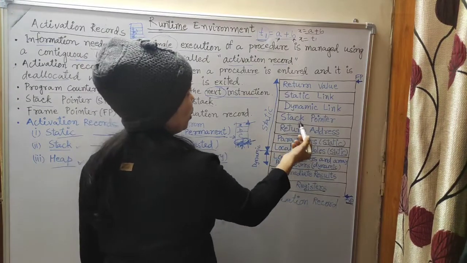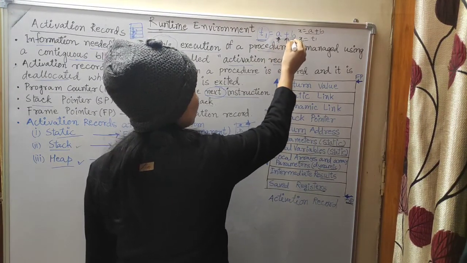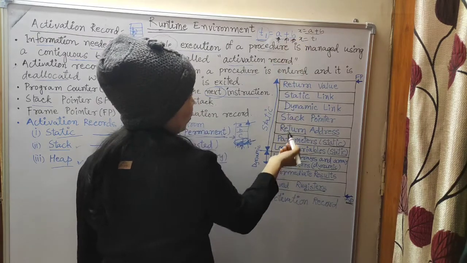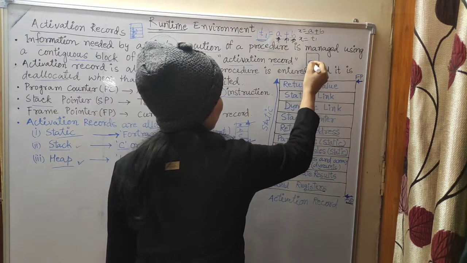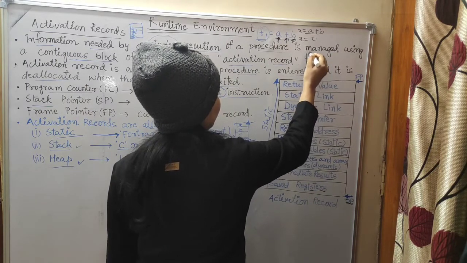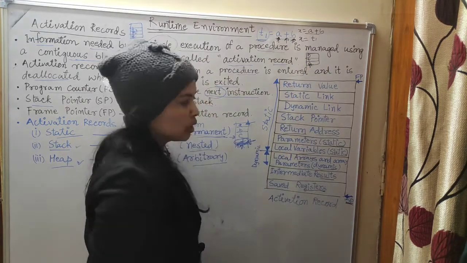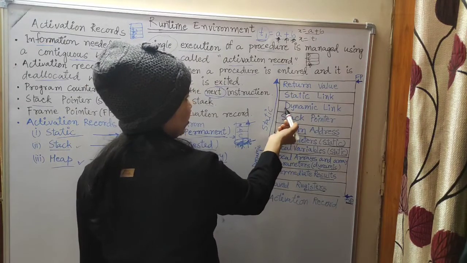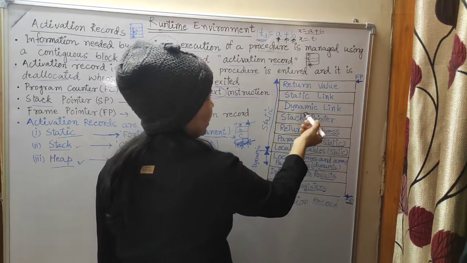Now the stack pointer goes like this: a, then plus, the pointers one by one. If our data are on these stacks, then a plus b, and the pointers will become like this. Now the dynamic link, if required, then the static link, that means fixed link, and the dynamic link.